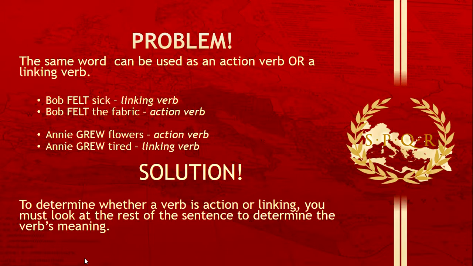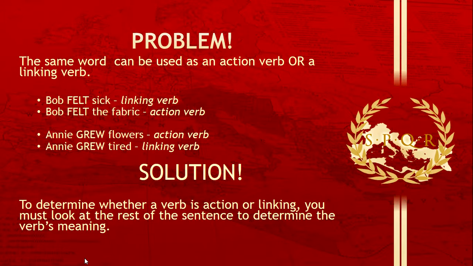Now, the same word can be used as either an action verb or a linking verb. For example, Bob felt sick. Felt in that case is a linking verb because it's telling us Bob's state of being. However, Bob felt the fabric is an action verb because he's performing a physical activity, feeling a piece of fabric.